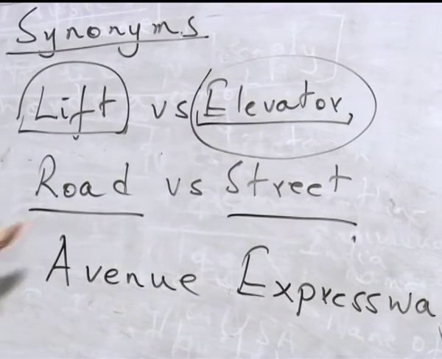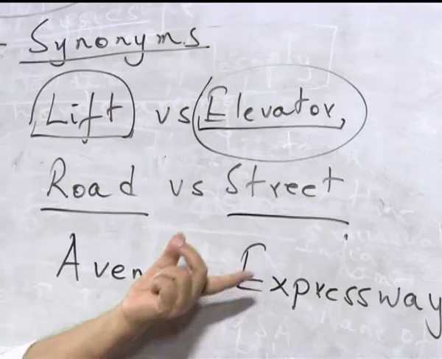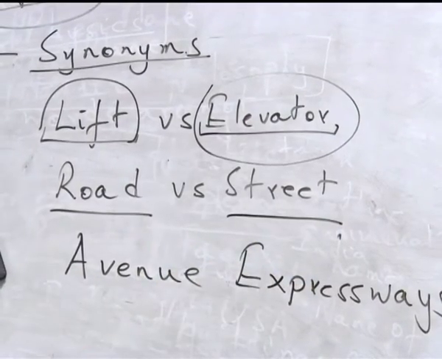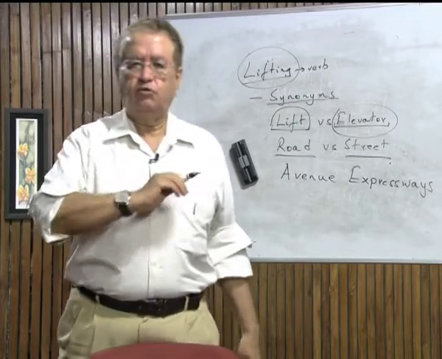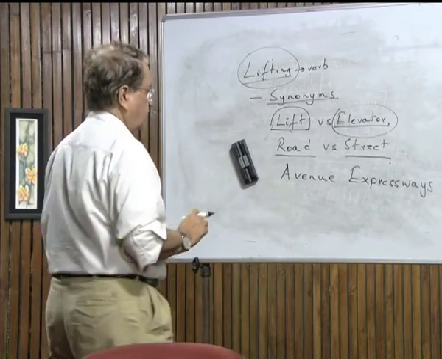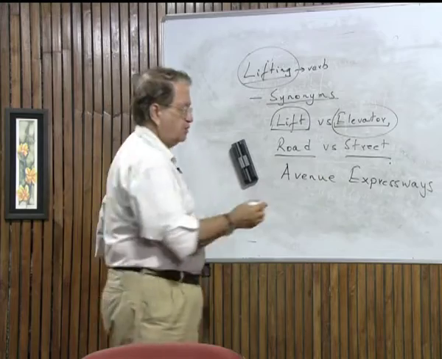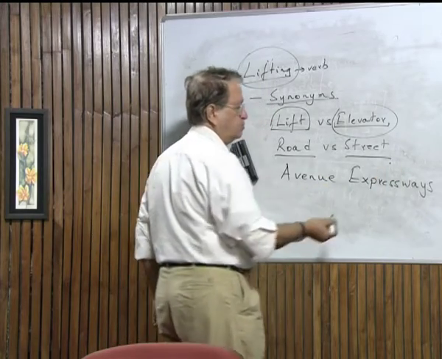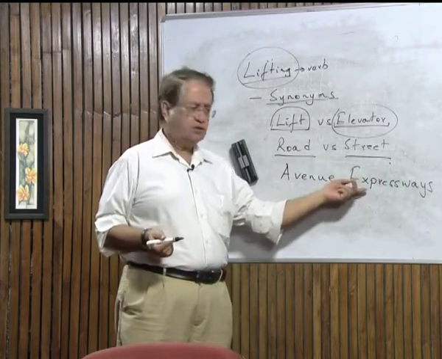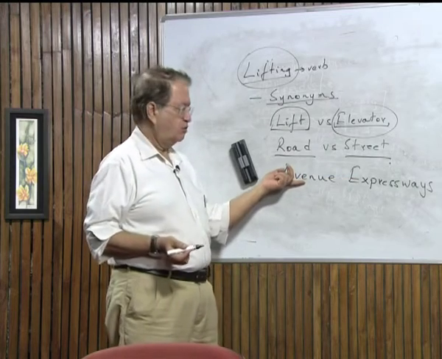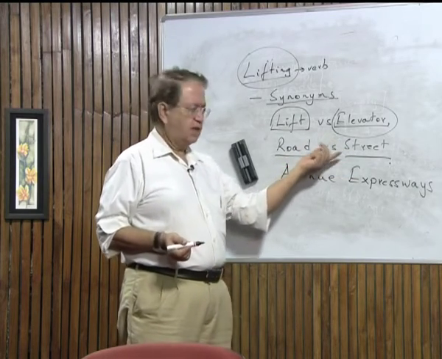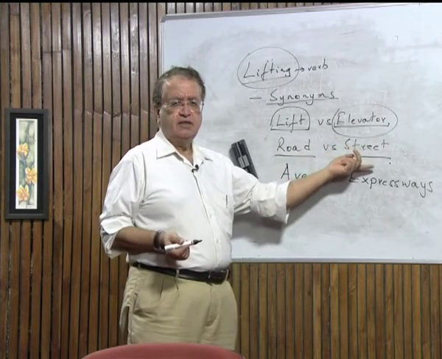Of course, if we get into arguments about the meanings, we would say expressways are roads where you have to move very fast, which are normally elevated, where sometimes you also have to pay tolls, but this would be a very lengthy definition of expressways. Expressways also mean roads, avenues also mean roads, streets also mean roads, and roads of course mean streets.